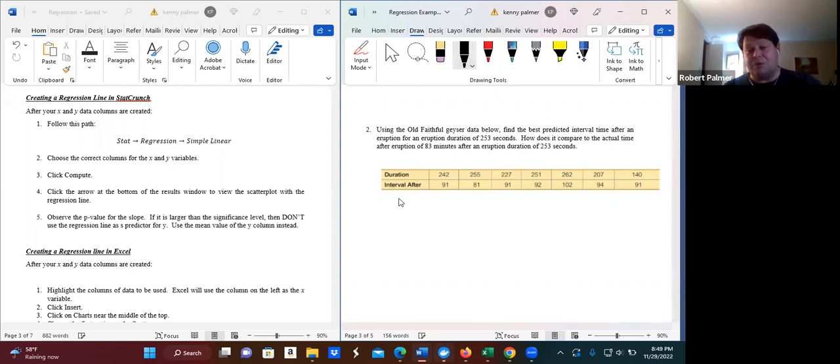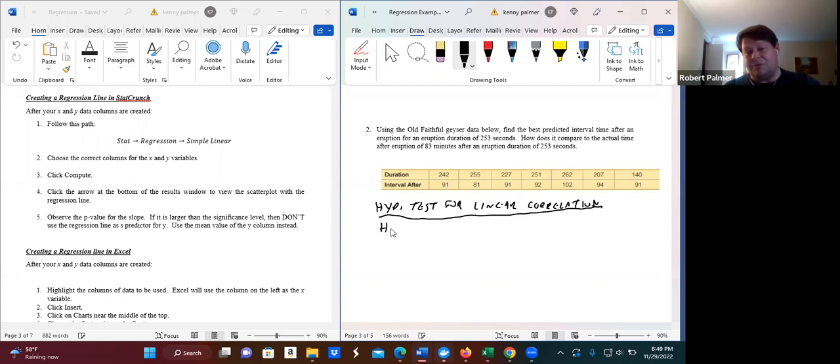First, we want to do a hypothesis test for a linear correlation. This will tell us if this data supports being a linear correlation to begin with. That'll tell us whether or not it's a good idea to actually use the regression line.